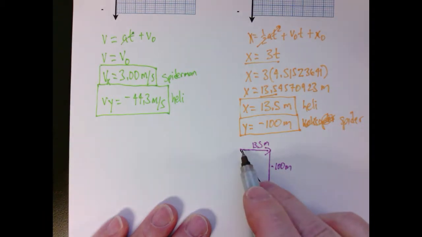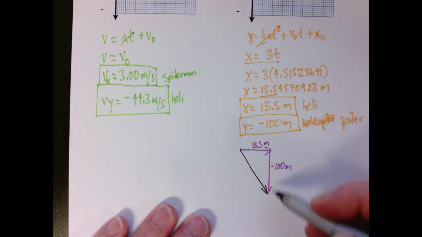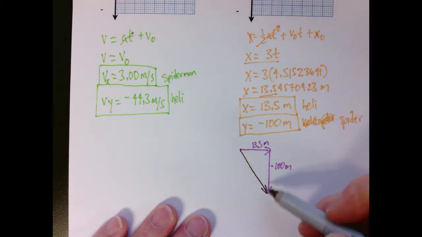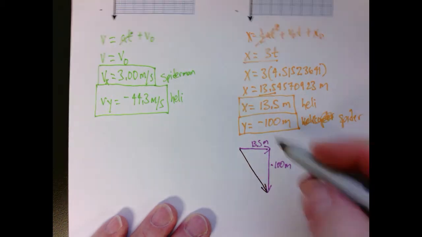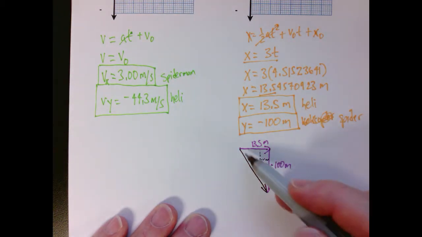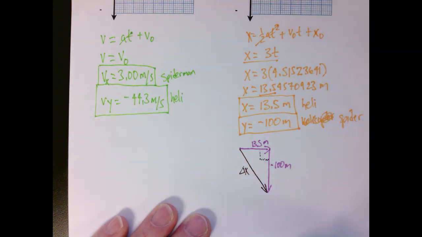So the helicopter says this is the displacement, Spider-Man says this is the displacement, and we say no, this is the displacement. And in reality, we have the truth. And of course, these two are perpendicular to each other, so we can use the Pythagorean theorem to solve the actual displacement, delta x.